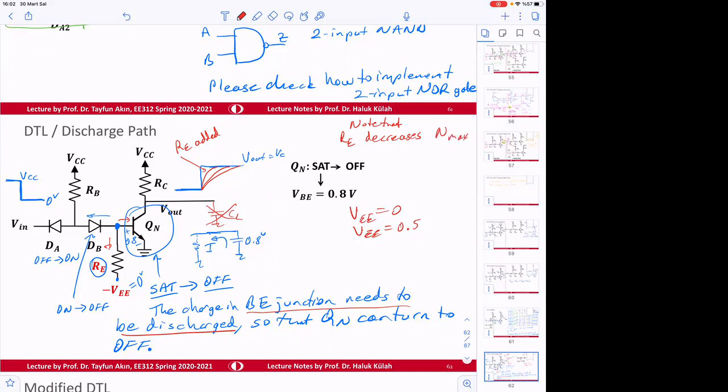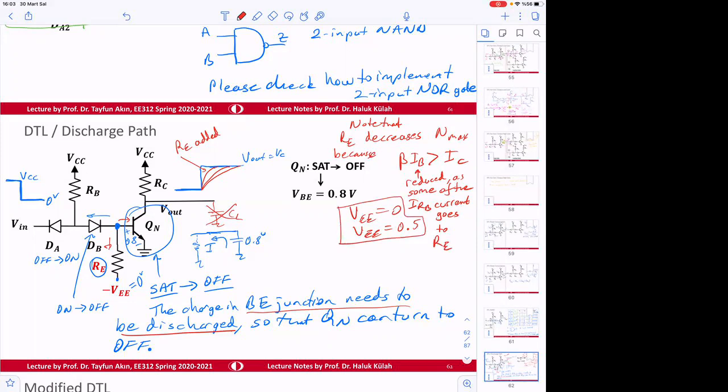Why? Because beta I base should be larger than IC, and this I base is reduced as some current, IRB, goes to RE.